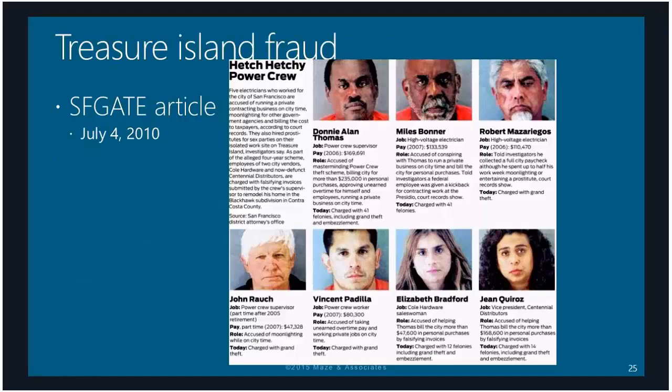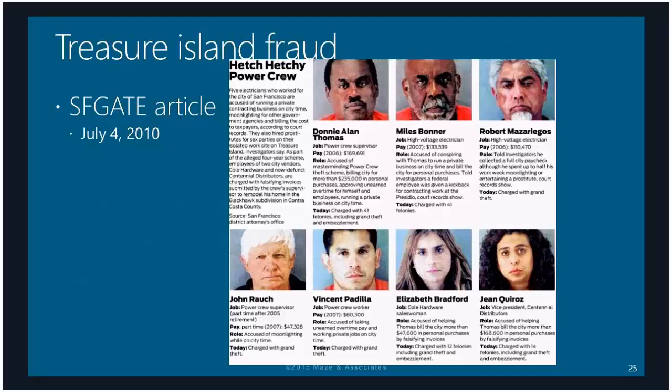But they set up their own company. So on City of San Francisco's time, they set up their own electrical company as a vendor within the City of San Francisco, and they were doing work on their own, going out and moonlighting during the week when they were supposed to be working for the City of San Francisco. And they were working for other government agencies.